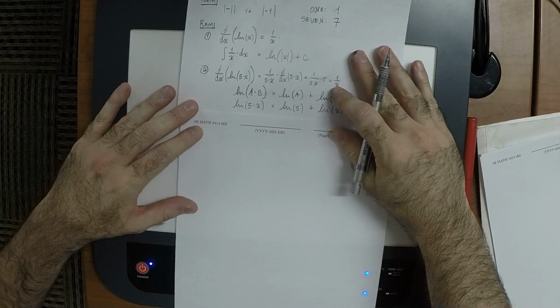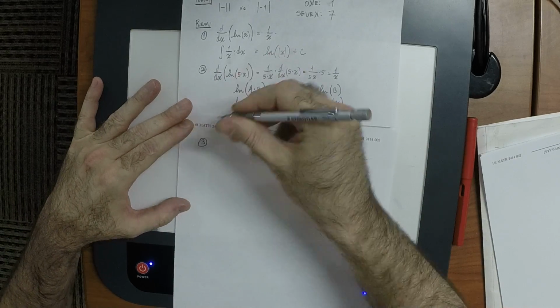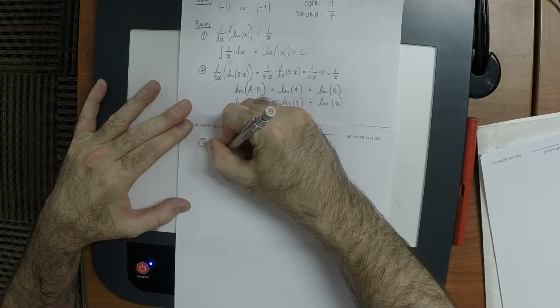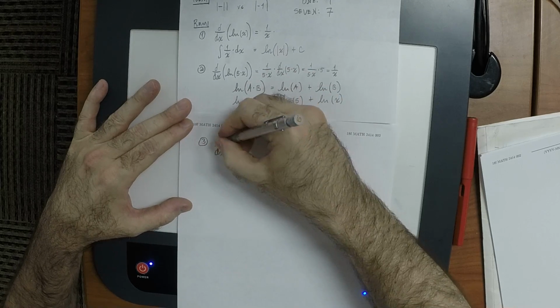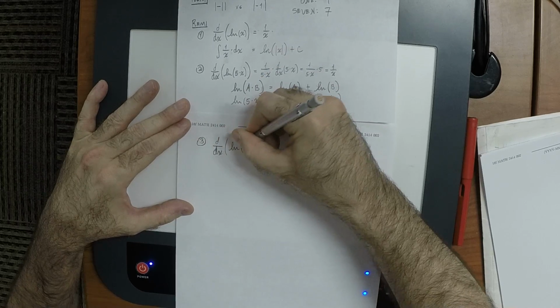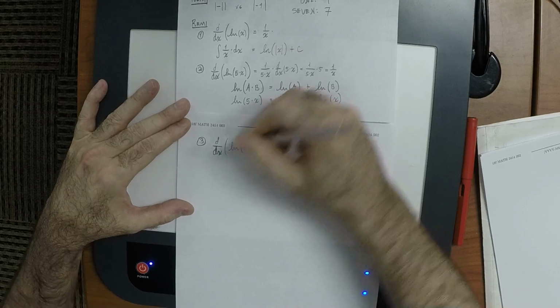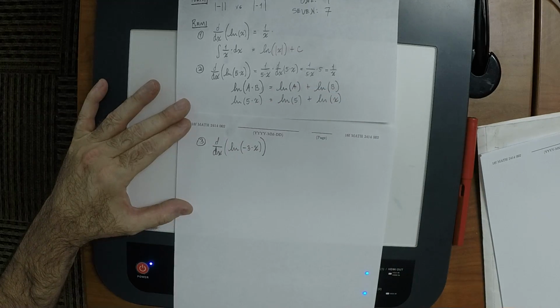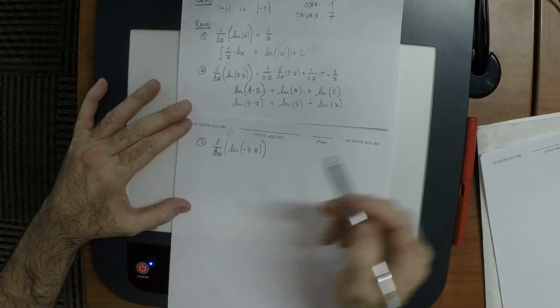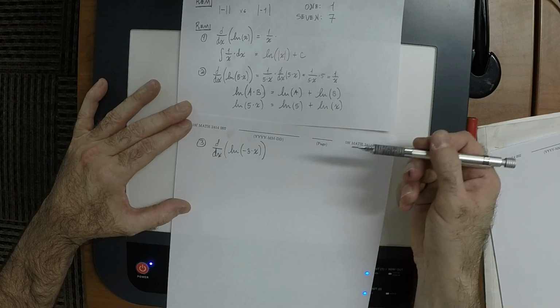Well, let's do one more. How about the derivative of the logarithm of negative 3x, like that? What will that be? Now, here's the deal: notice that this logarithm rule cannot be used, at least not directly.